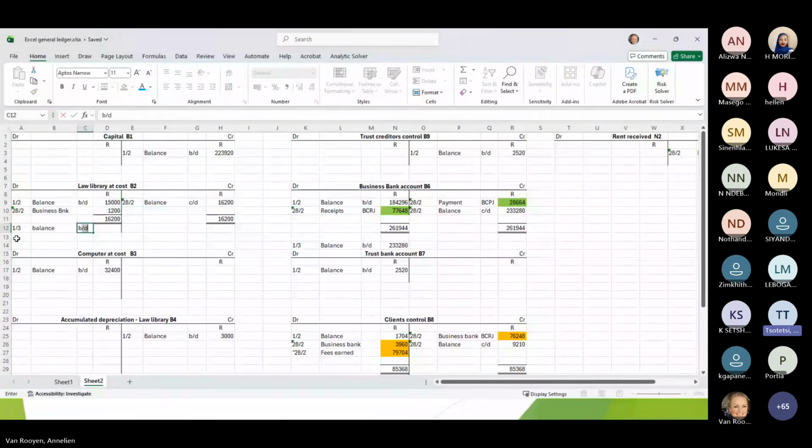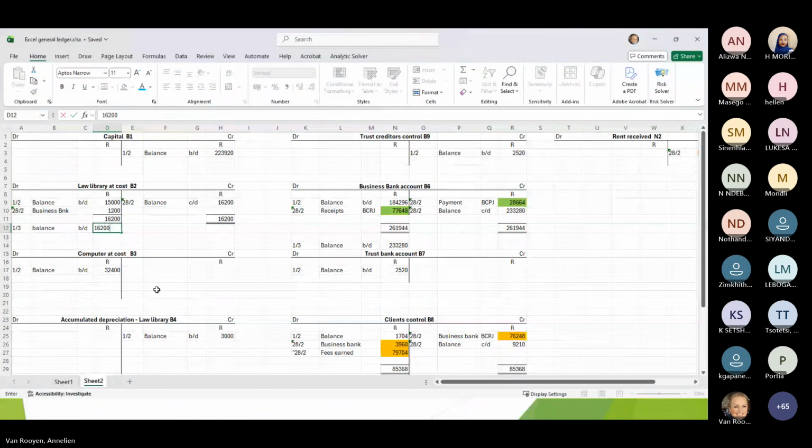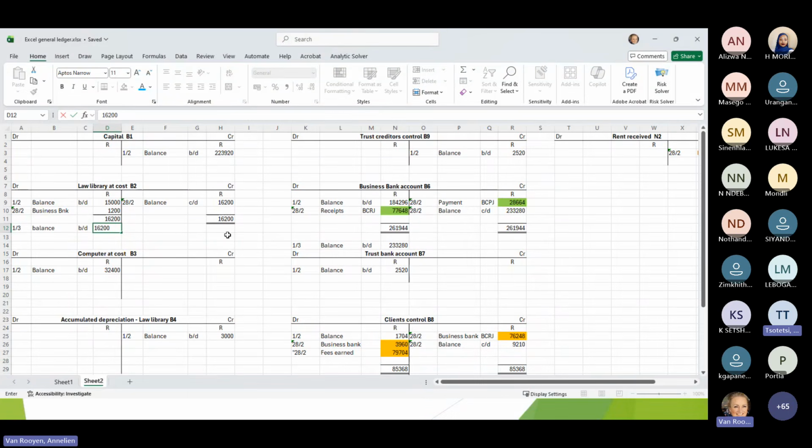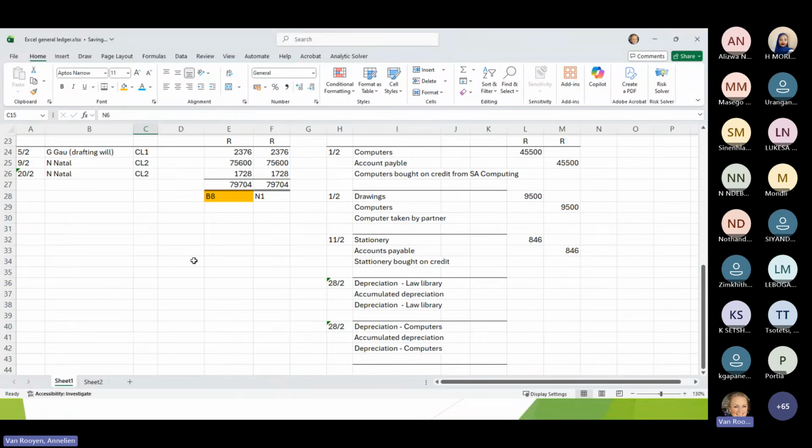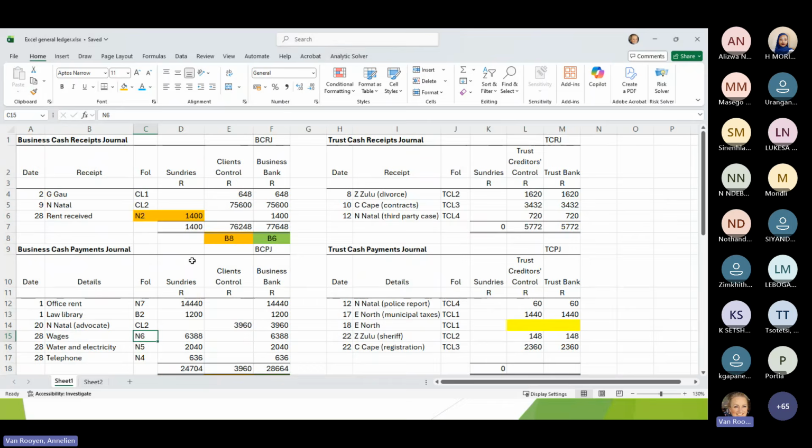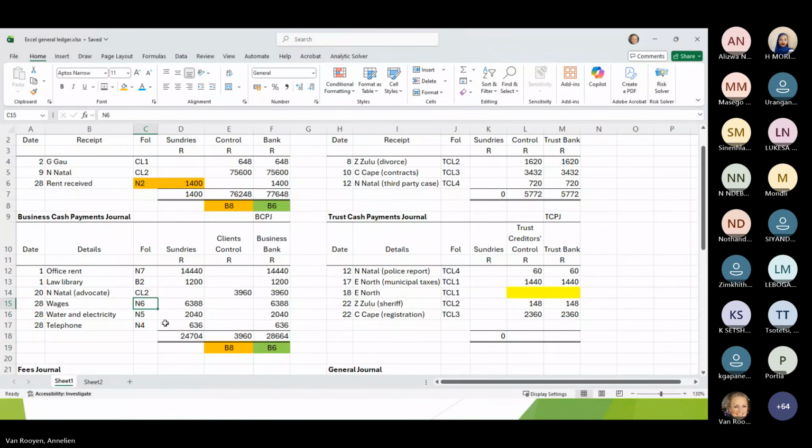So where does 1,200 come from? Where do you see 1,200? In the business bank. It comes from here. We bought B2.